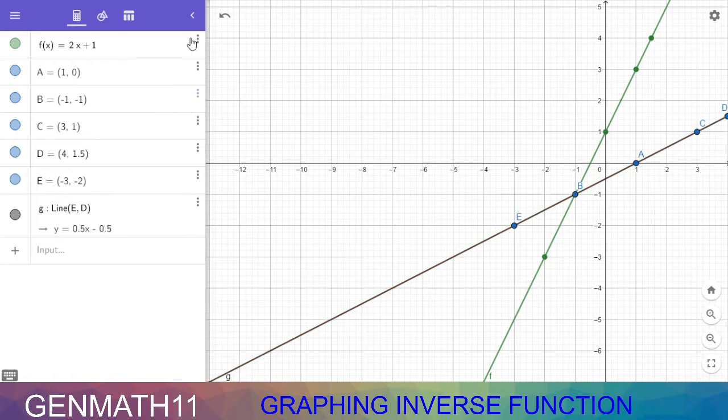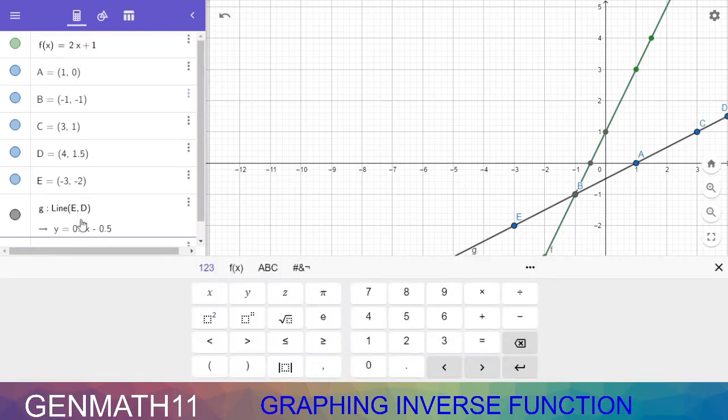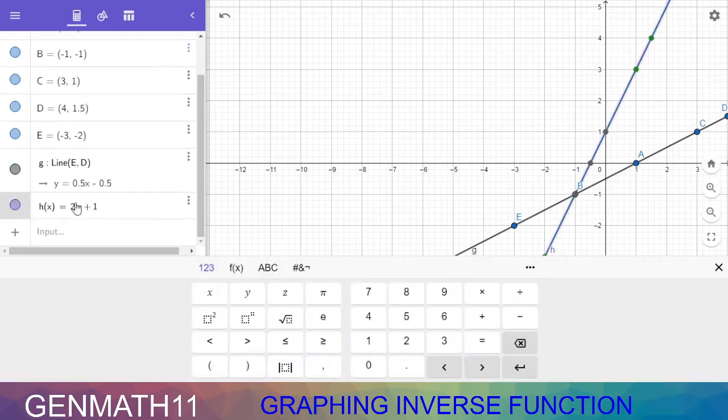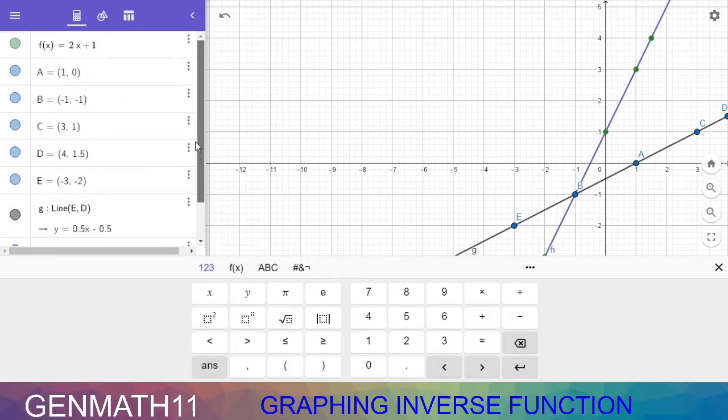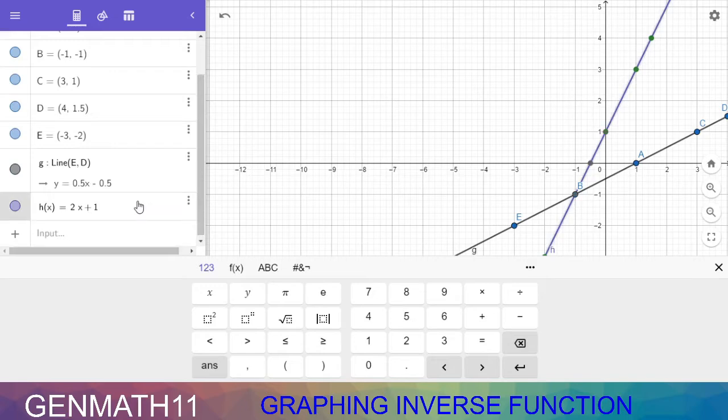So, pwede check natin kung pwede. So lagyan natin dito ng negative 1, kung i-accept niya yung ating function. So, hindi niya in-accept.